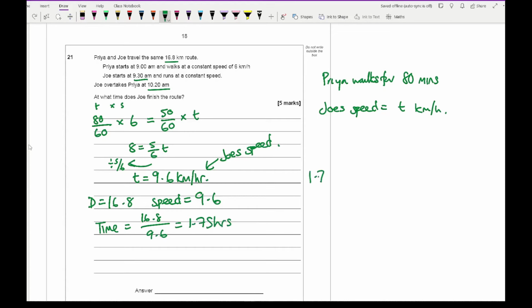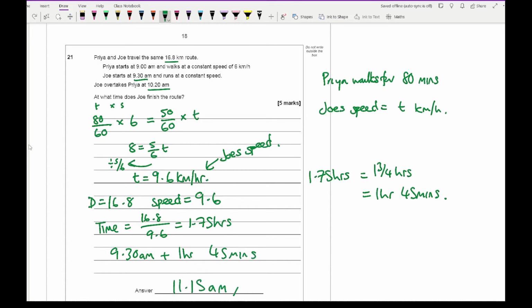Now 1.75 hours equals 1 3/4 hours, and 3/4 of an hour is 45 minutes, so 1 hour 45 minutes. So if he starts at 9:30, so 9:30 AM plus 1 hour and 45 minutes, well, that's going to give him a finish time of 11:15 AM.